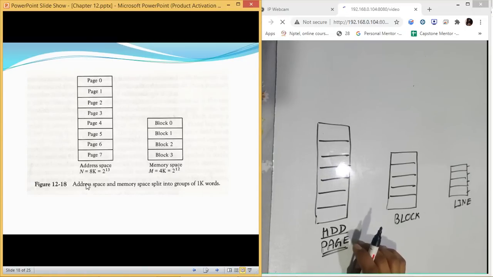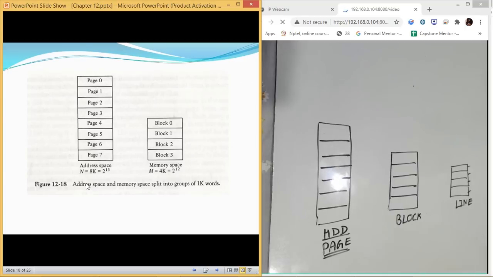So in this, n is 8k, which means we are having 2 raised to the power 13 pages, whereas in that we are having 2 raised to the power 12. So what does it mean?